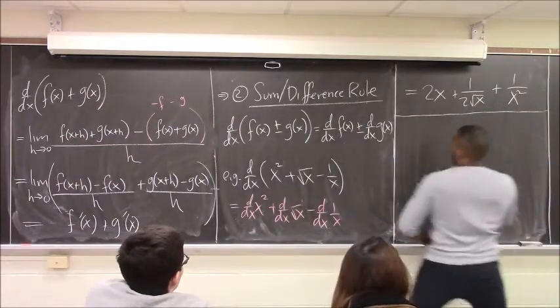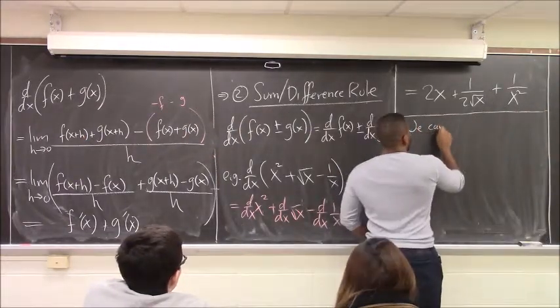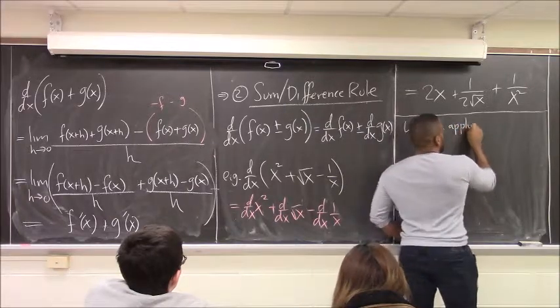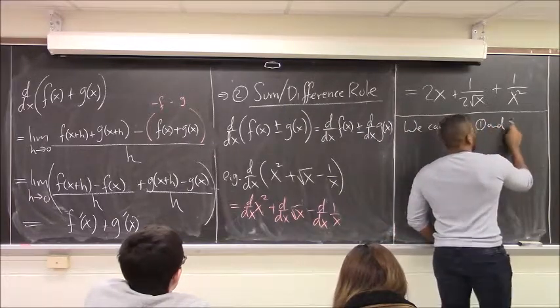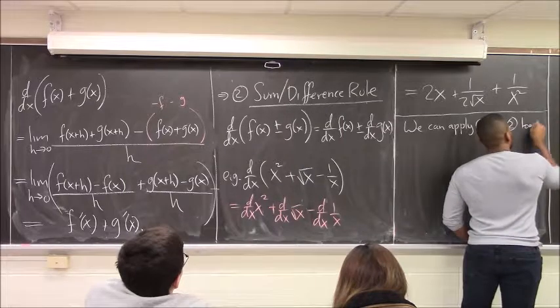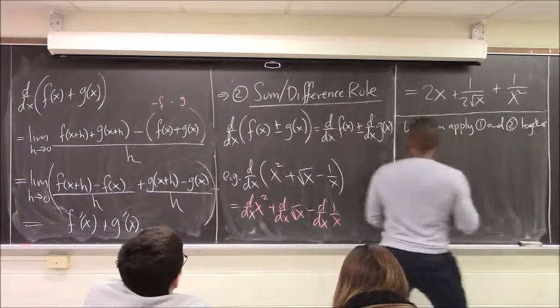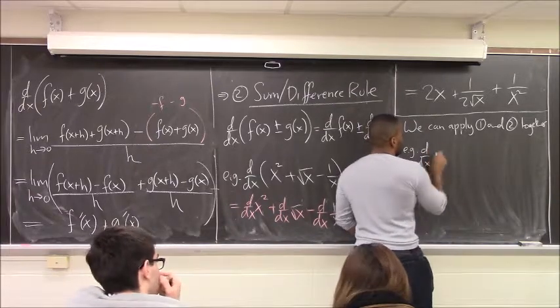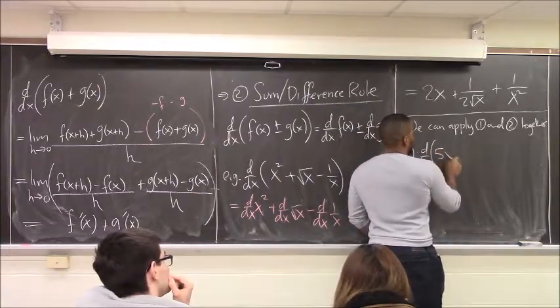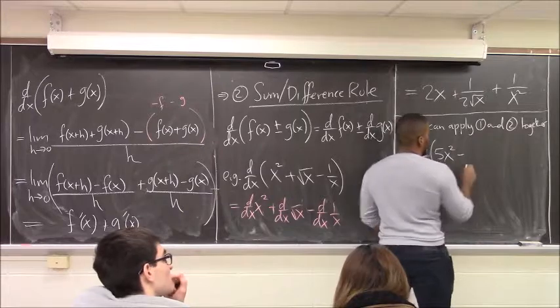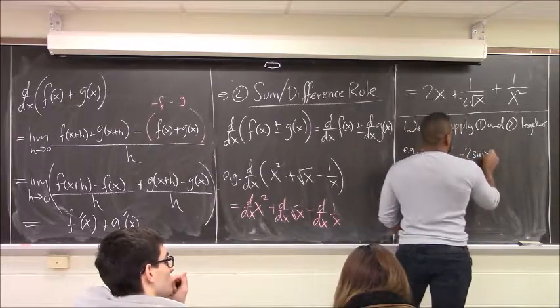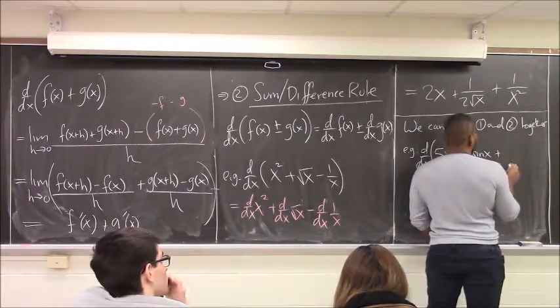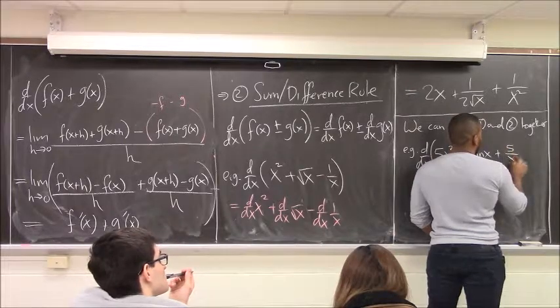You should also know we can apply 1 and 2 together. So an example here, I could have the derivative of 5x squared minus 2 sine x plus 5 over x.